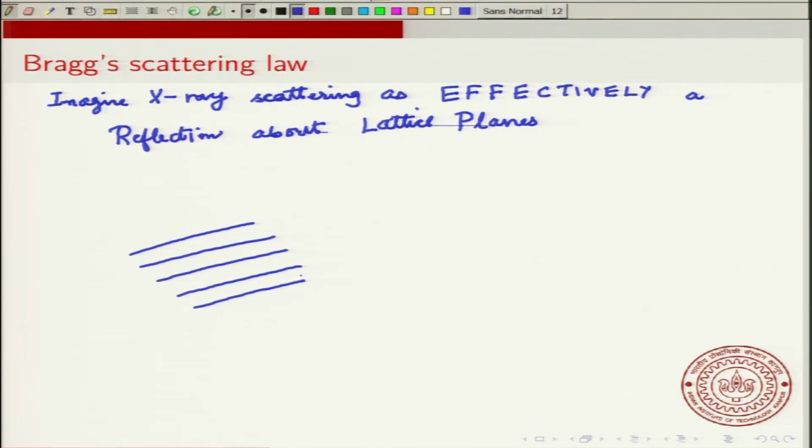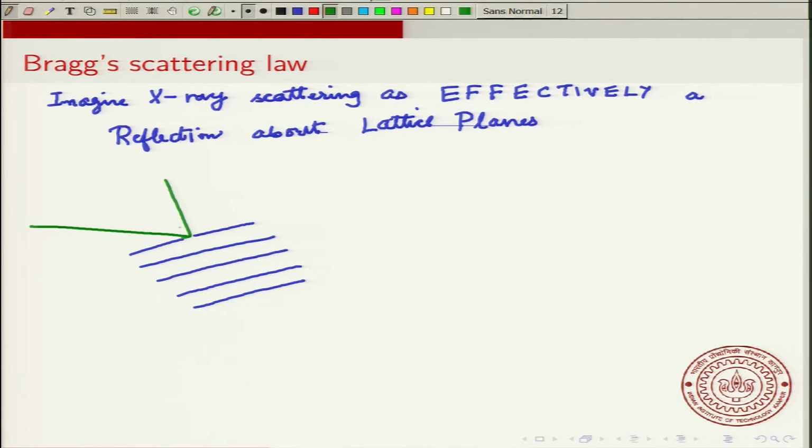Okay. And now imagine that you have an incident X-ray beam. Let me use a different color. If you had an incident X-ray beam, you can imagine that this will be reflected off of this.